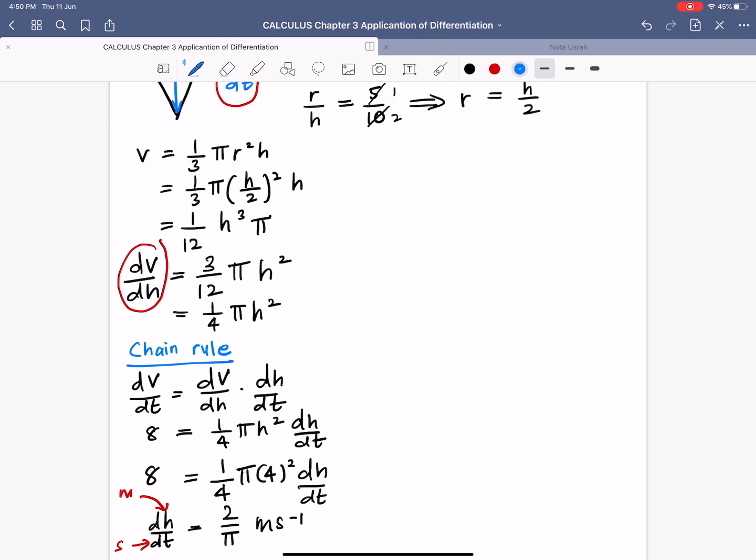Next, I'll show how we can solve by using implicit differentiation.